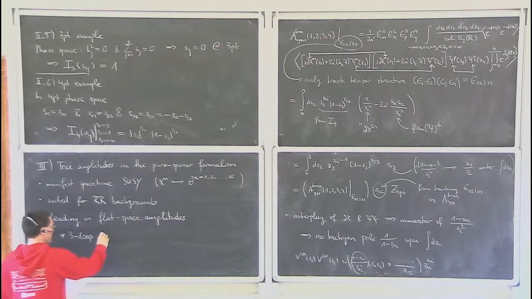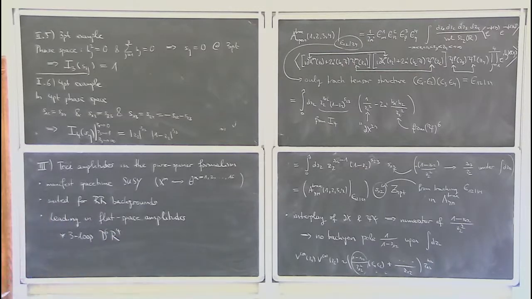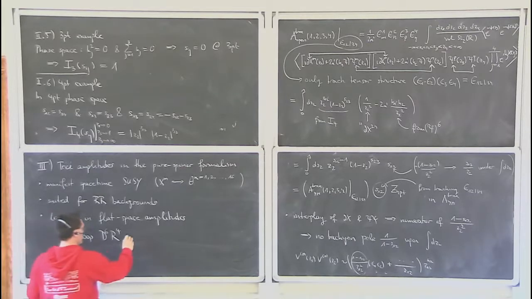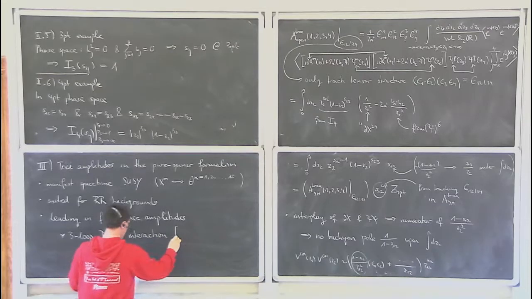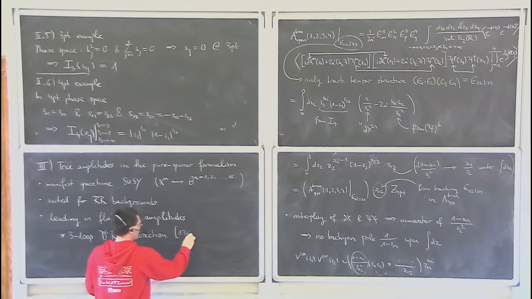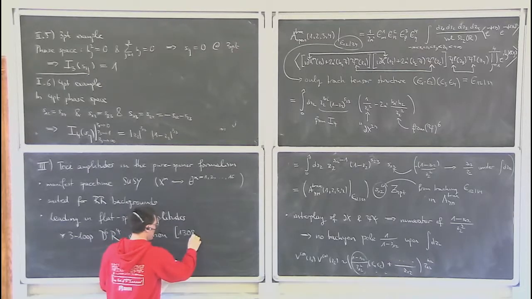More specifically, it is the low energy limit of the four-graviton amplitude at three loops that has been evaluated using pure spinors. And this has been done by Carlos Mafra, who probably will show up later today, and Humberto Gomez in this legendary paper.